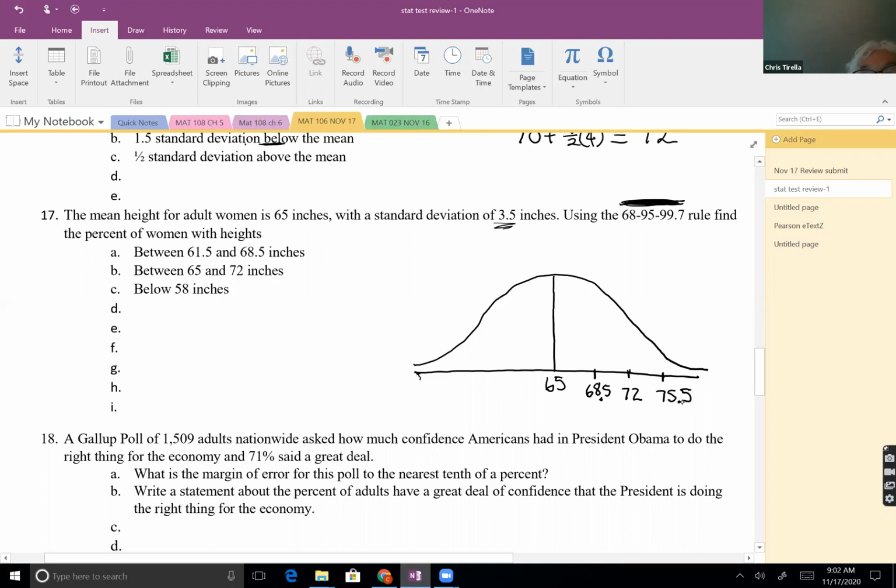Then in the other direction, instead of adding the 3.5, we subtract it. 65 minus 3.5 is 61.5. Minus 3.5 is 58. Minus 3.5 is 54.5.